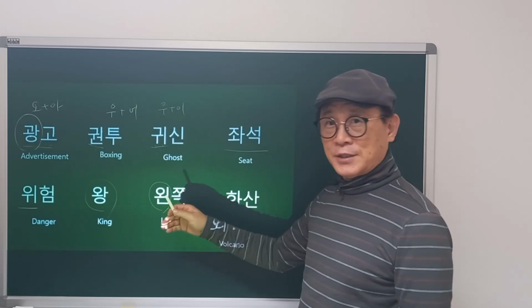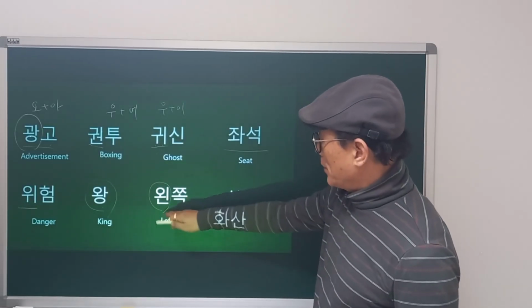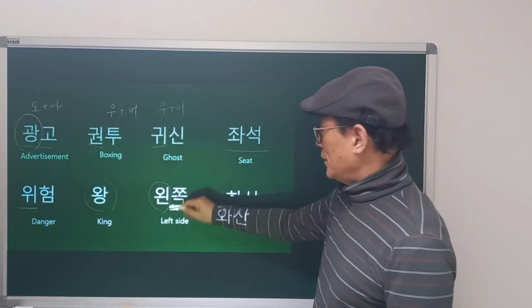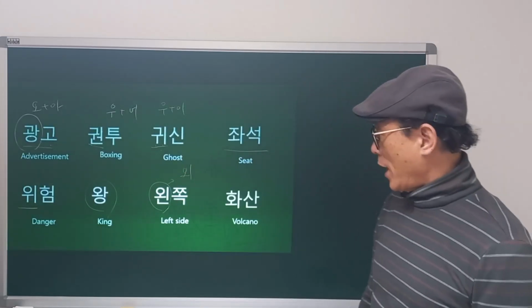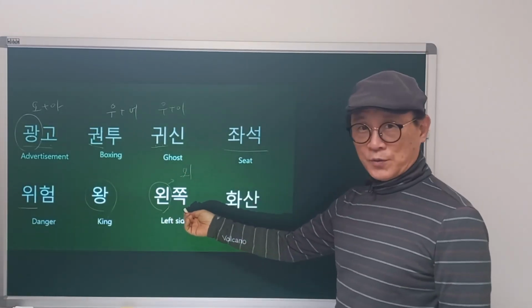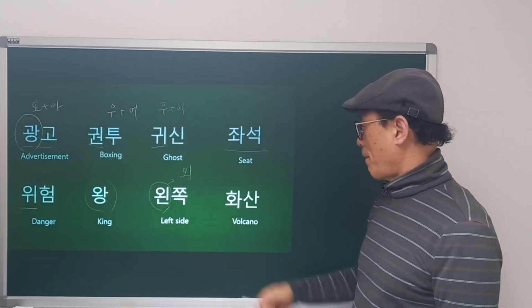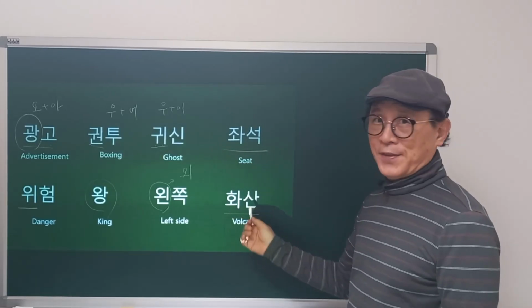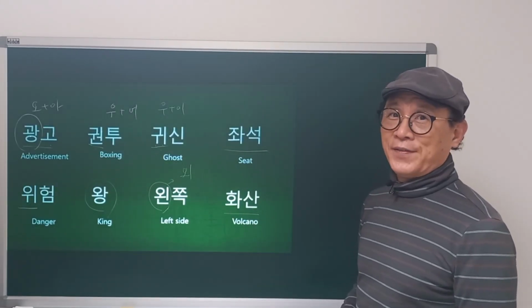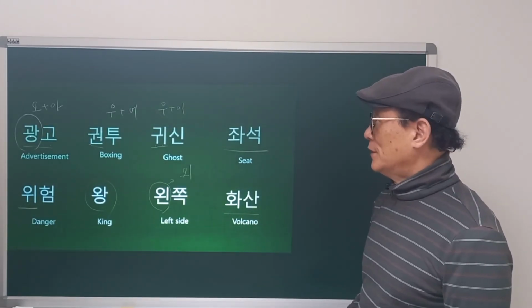This one is combined vowel, but the sound is single. So it has an exception. So it's a 왜. Always 왜. Okay. So 왼쪽. This one, 화산. Okay, volcano.